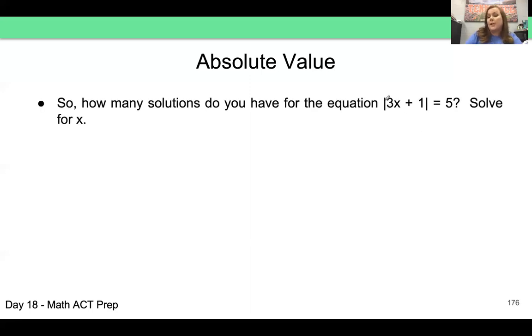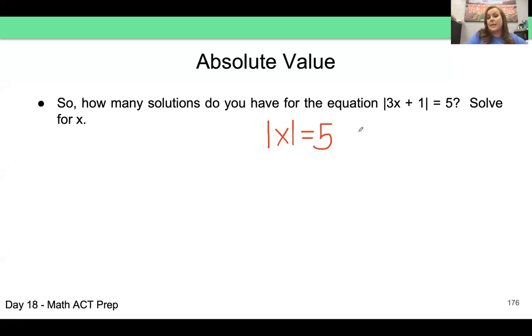So if we're looking at this equation here, and these tend to throw students off, they're saying solve for x. Now, for those of you that are struggling right now, thinking, oh my gosh, I have no idea how to do that, I want to change this equation a little bit. I want to change it to be this. And usually when I do this, the light bulb goes off. Everybody's like, oh, well, that's easy.